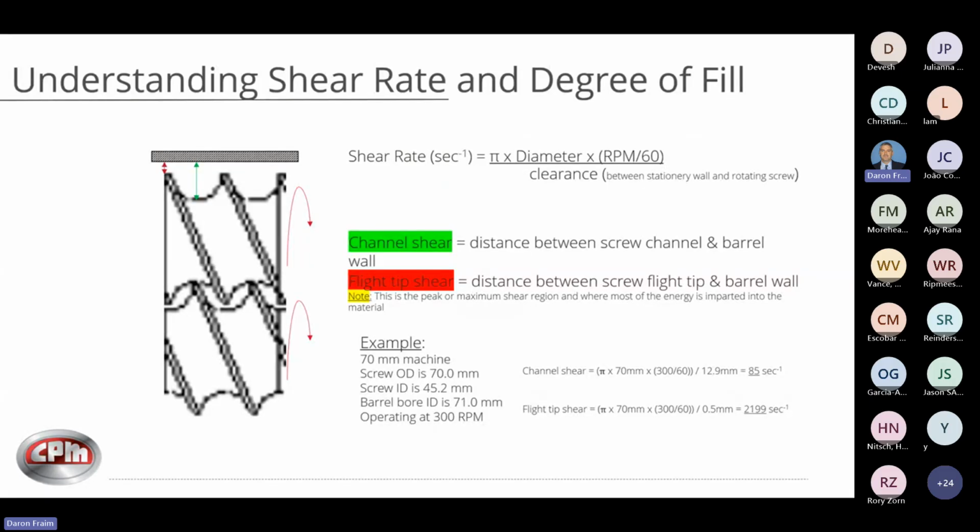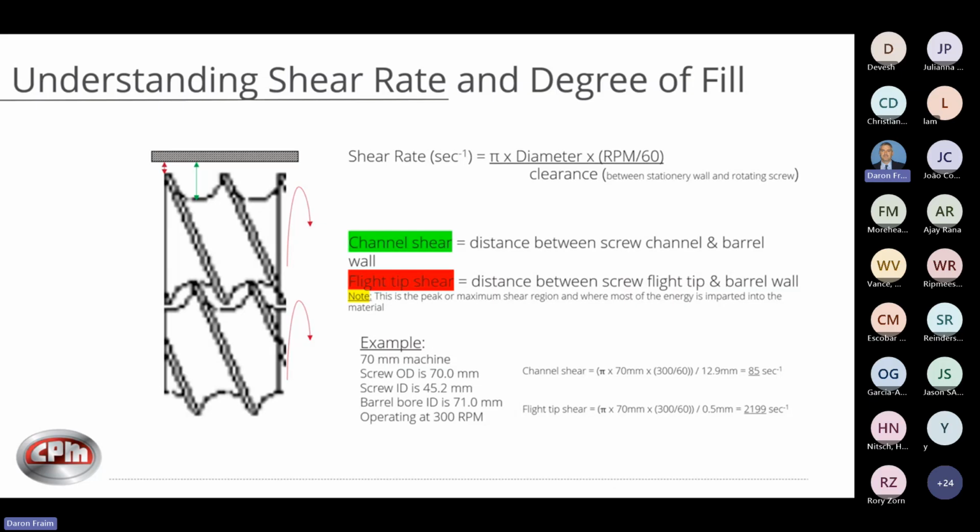Now you'll see here that the shear has a kind of a range of operating here. You have what's called your minimum shear, which is your channel shear, which is your deepest part of that screw channel, which is your greatest distance between the turning screw and the stationary barrel wall, where your flight tip shear is your peak shear.